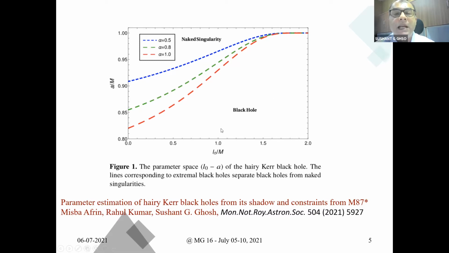So this is the parameter space allowed for the black hole, and this is the forbidden region for the black hole. And this region changes with variable alpha as well as variable L0.